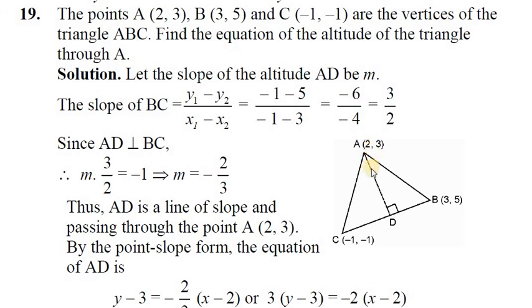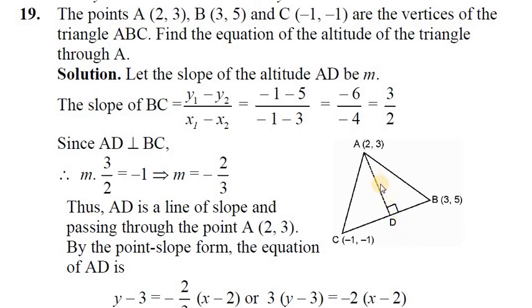So we have a point on this line AD. Now if we have the slope of this line, then we can get the equation of this straight line using the point slope form. And if we have another point on this line, then we can also find the equation using the two-point form.